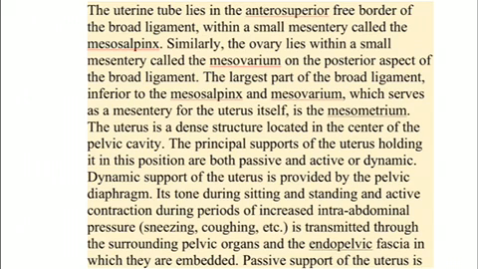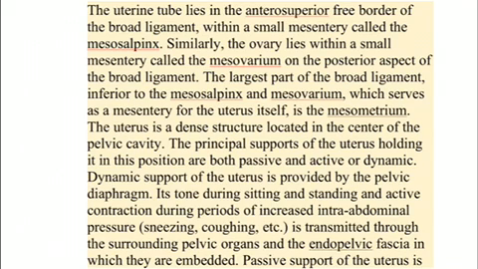So the uterus is a dense structure, and it's located in the center of the pelvic cavity. You saw that in that diagram. The principal supports, the main supports of the uterus, which hold it in this central position in the pelvic cavity, are both passive and active or dynamic supports. So all these keep the uterus in the center of the pelvic cavity.